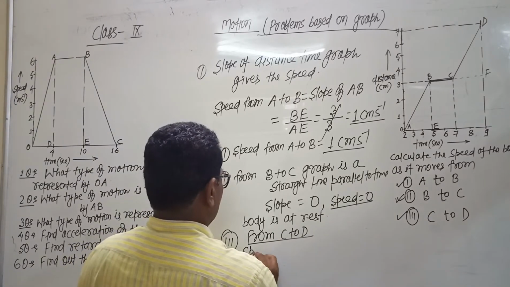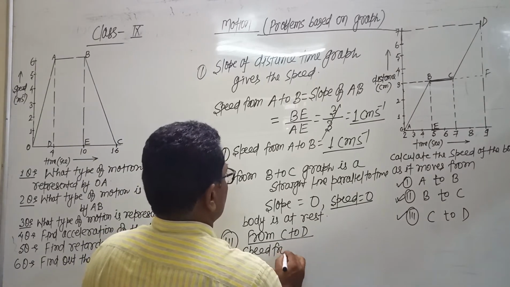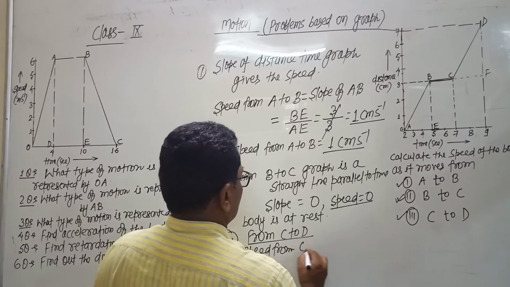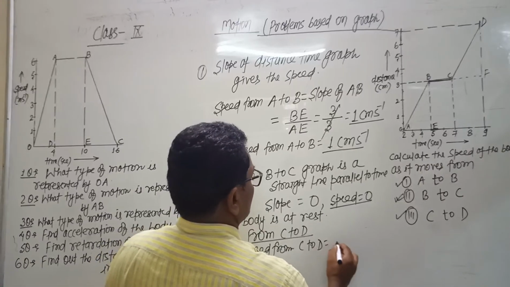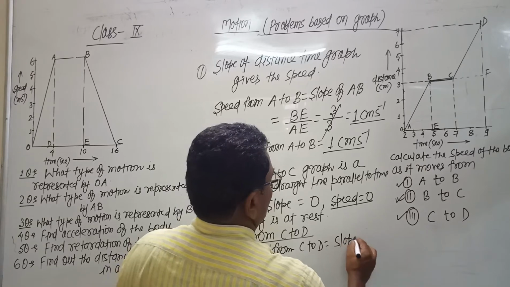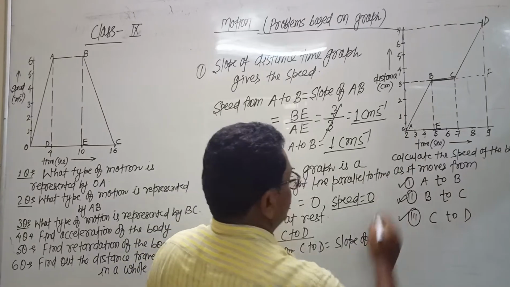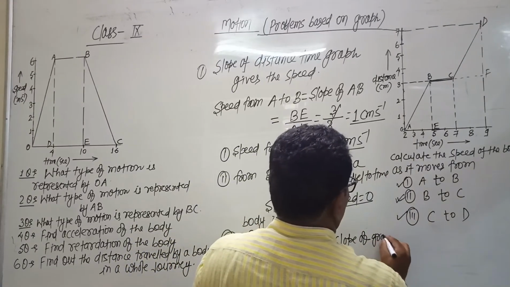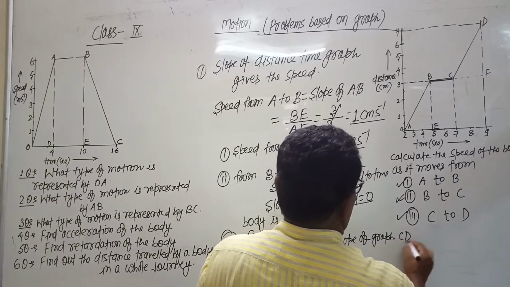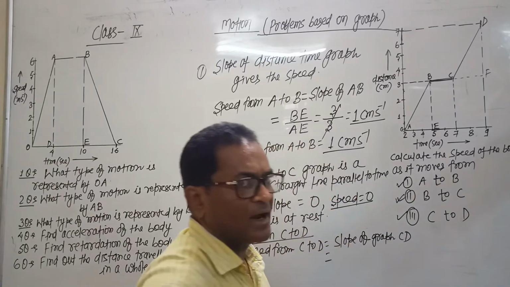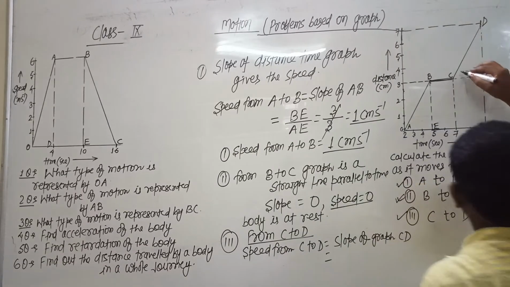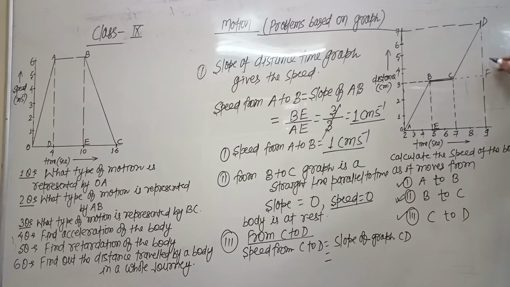So speed from C to D is equal to the slope of graph CD, which is found by DF upon CF.